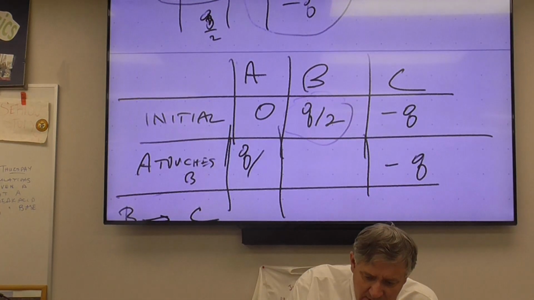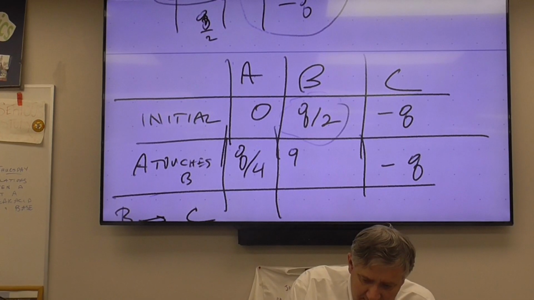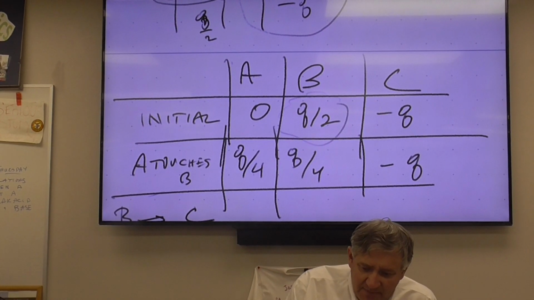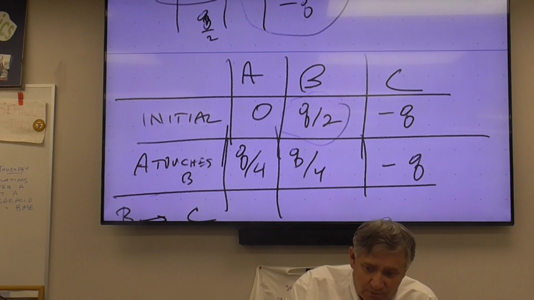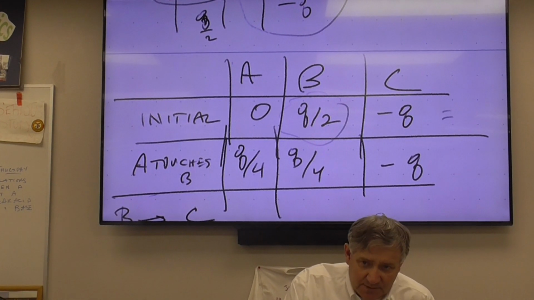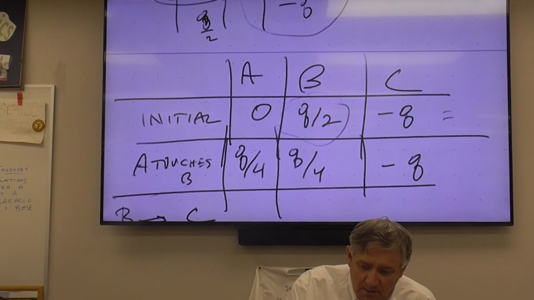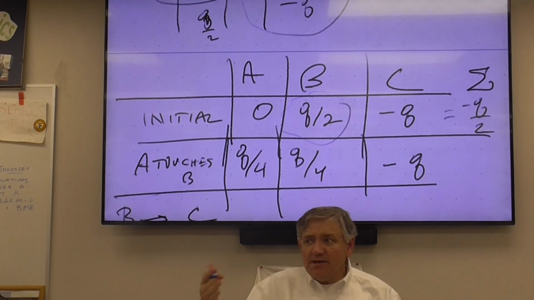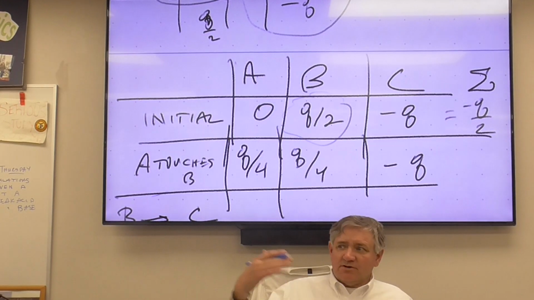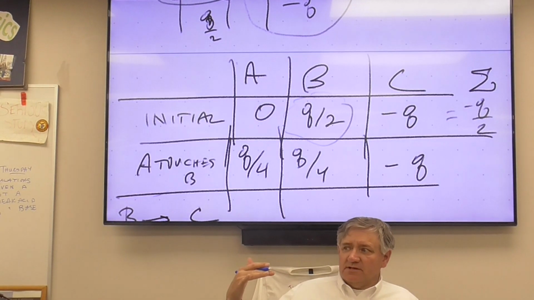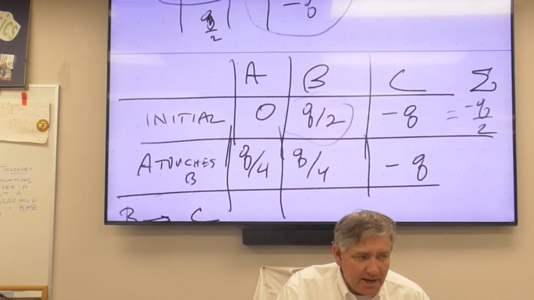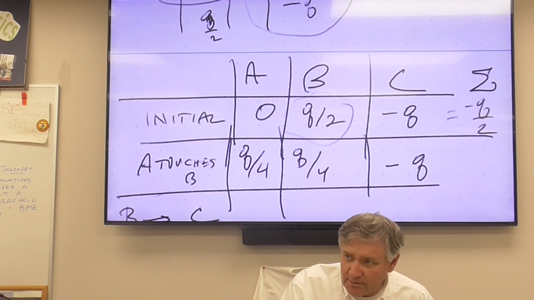Here's how you can always check that you got this right. If I take negative Q and add that to the initial Q over 2, what does that add up to? Negative Q over 2. So at any point along the way, if charge is going to be conserved, which it is, everything when you get done has to add up to negative Q over 2.